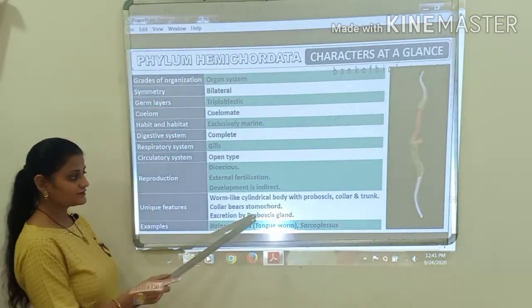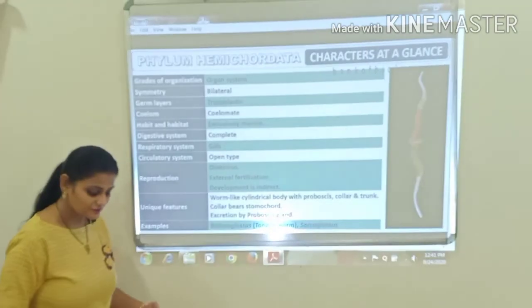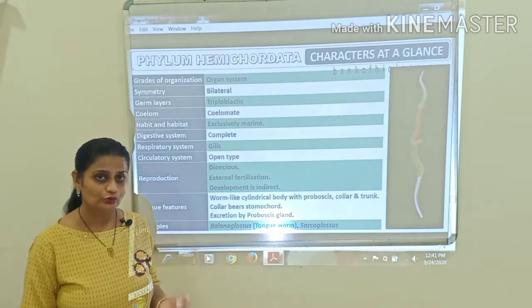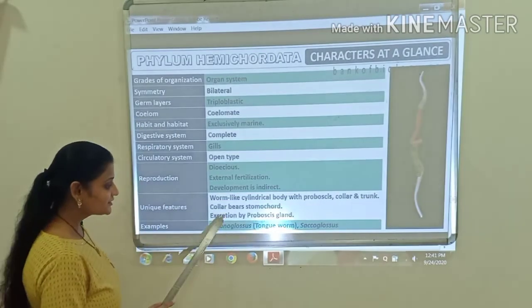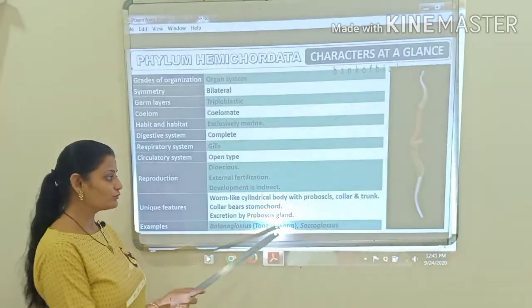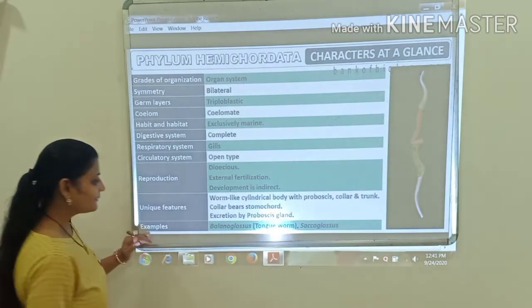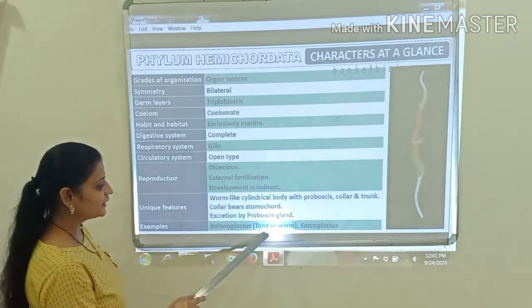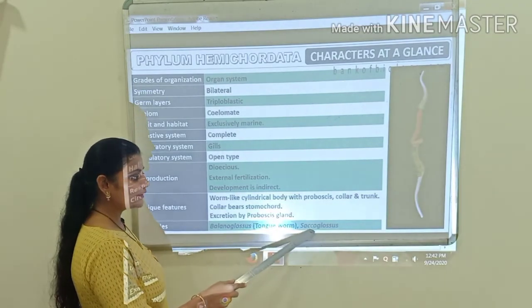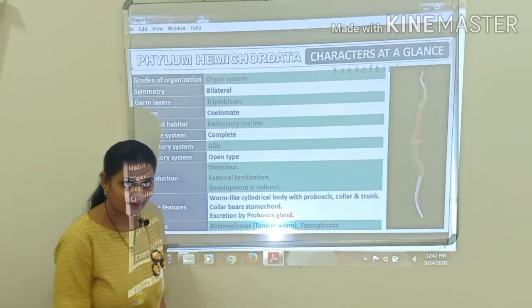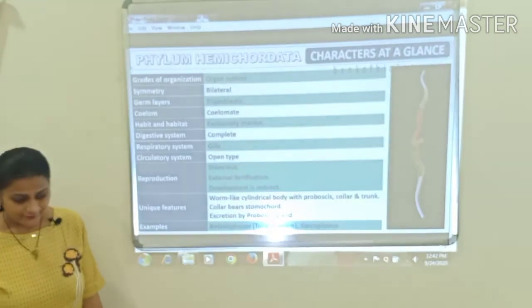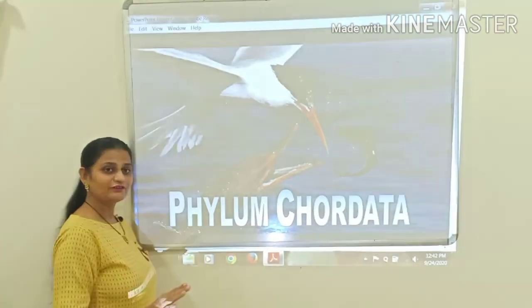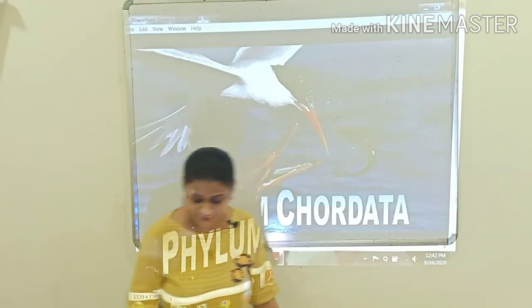And collar has the stomochord, which is the rudimentary structure and it is similar to that of the notochord, right? And excretion occurs by the proboscis gland. Some examples are balanoglossus, which is the tongue worm, and saccoglossus, right? So with this we have completed the phylum Hemichordata also.